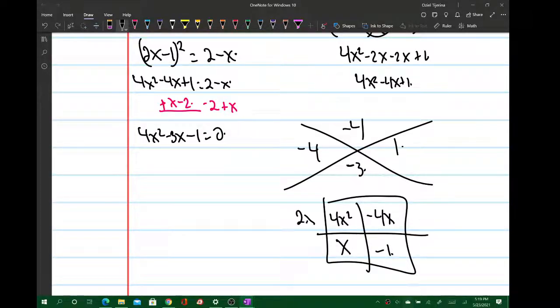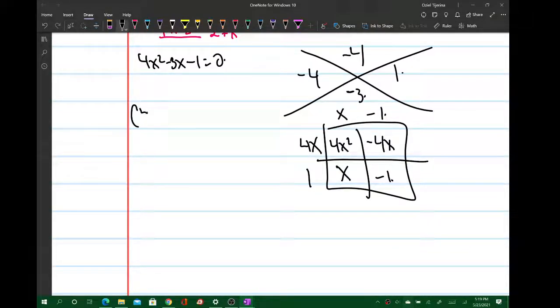So it would be 4x and x, and then 1 and x, and then you would say 4x and negative 1. So then it would be 4x plus 1 times x minus 1 equals 0. So then that means 4x plus 1 equals 0, and x minus 1 equals 0.